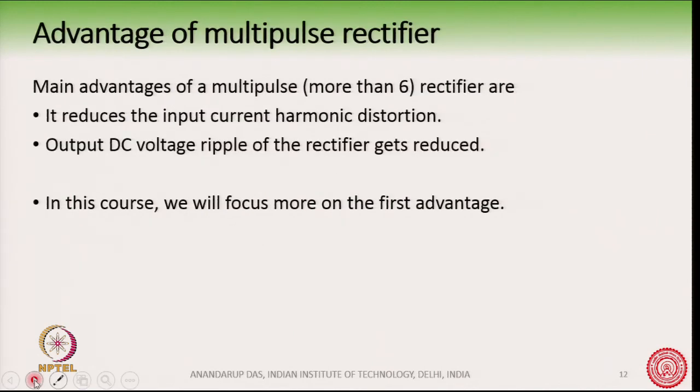Now, there are several strategies. We will talk about the multipulse rectifier, that is more than 6 pulse rectifier, in reducing the harmonics. There are several other techniques to mitigate harmonics, like active filters and others, but they are essentially a component outside the converter.